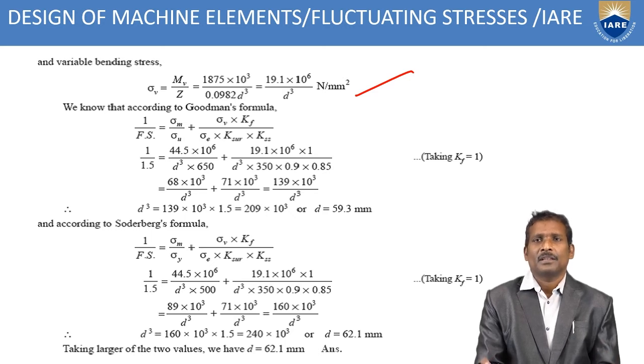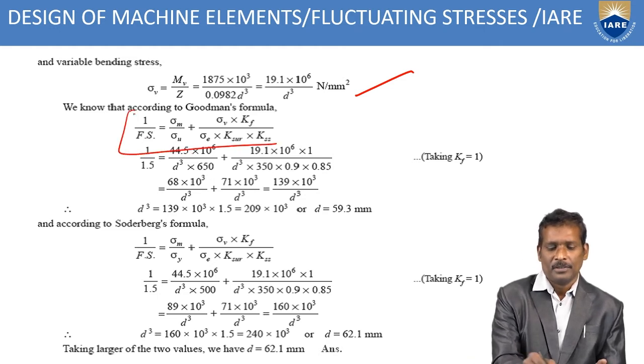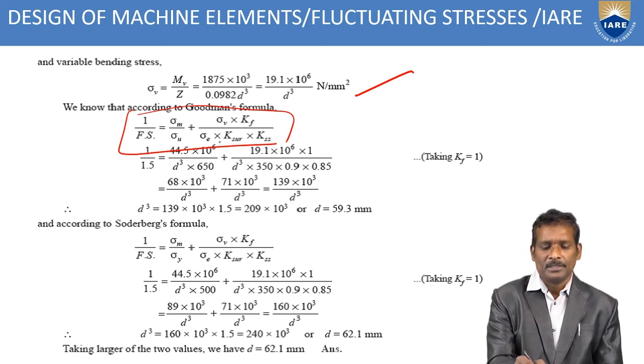So that's why, here, by using two methods, first you have to calculate the diameter of the bar and then finally take the larger value of these two. Okay? So first apply the Goodman line method. Already you know the formula: 1 by factor of safety is equal to mean stress upon ultimate stress plus variable stress by sigma E. But why here multiplied with Kf, K surface and K size?